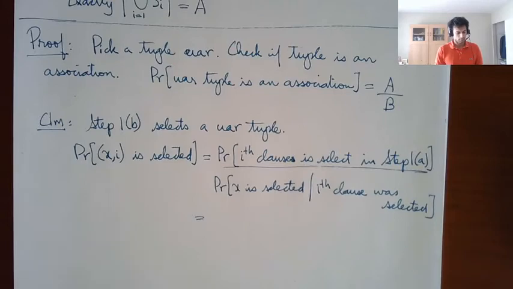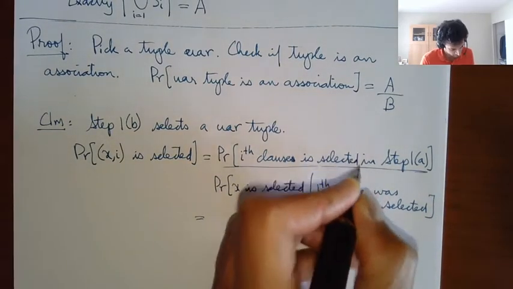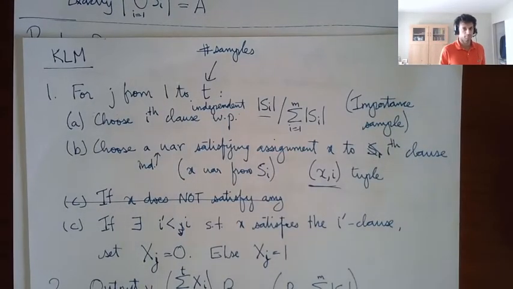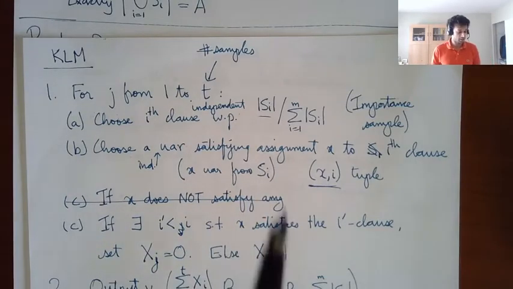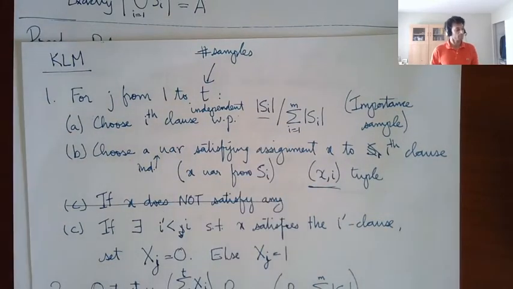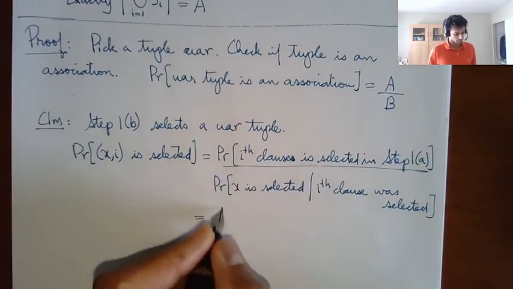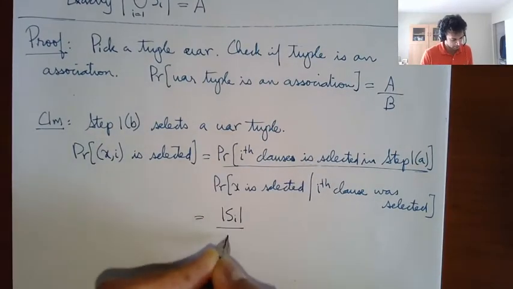What is the probability that the ith clause was selected? It's not inversely proportional to the number of clauses. It's Si divided by the sum, which is B.